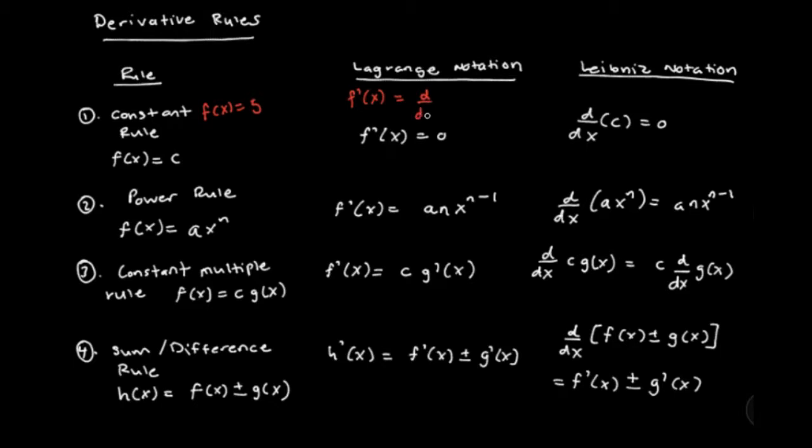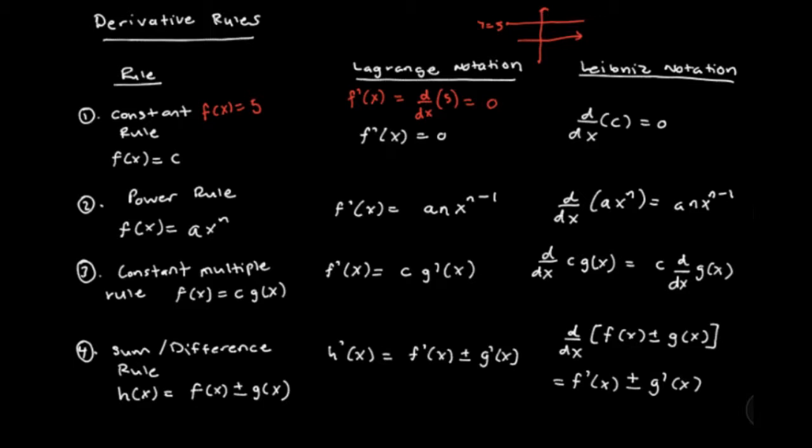I'm going to use Leibniz's notation, the modifier d/dx of 5, or the rate of change of 5 with respect to x, and the rate of change of any constant is 0. The reason for that is because when we have a constant on a graph, for instance y is equal to 5, the slope of the tangent at any point on this graph is going to be 0.